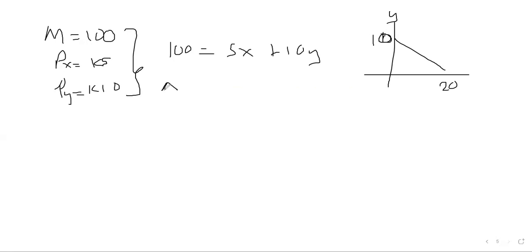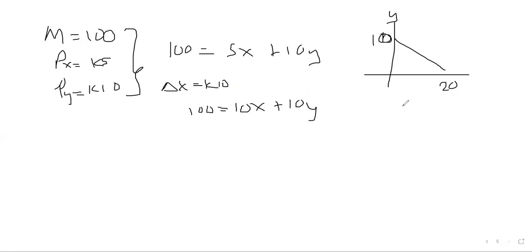Now what happens if good x doubles and goes to 10 kwacha? Our equation will change to 10x + 10y. Dividing 100 by 10, good x will have 10, and 100 by 10 for y again gives 10.